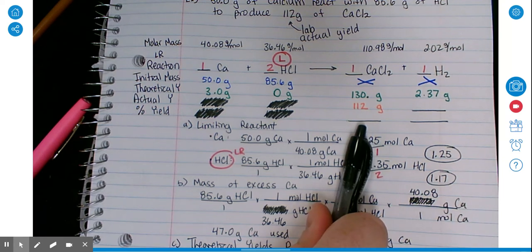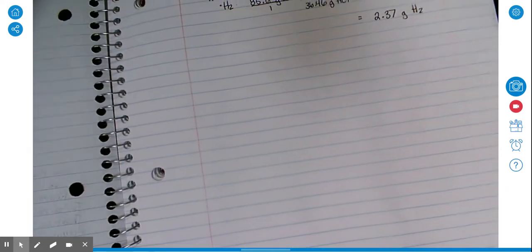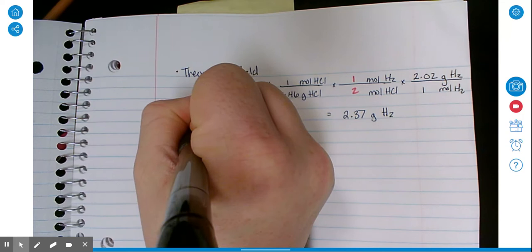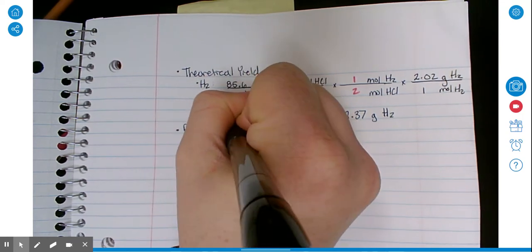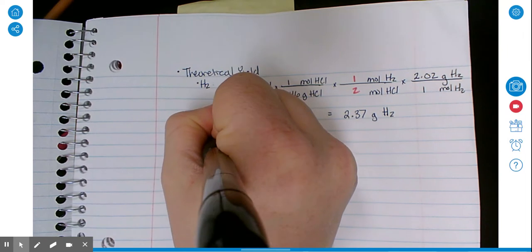Percent yield. For calcium chloride, that one's easy to do because I've got a theoretical and an actual. So I can do the calculation for percent yield. Really easy for the calcium chloride.